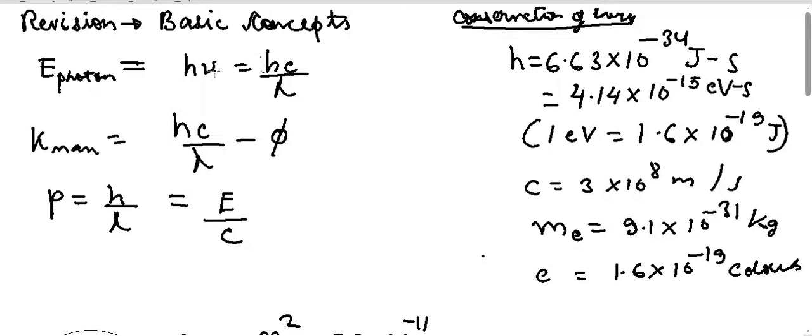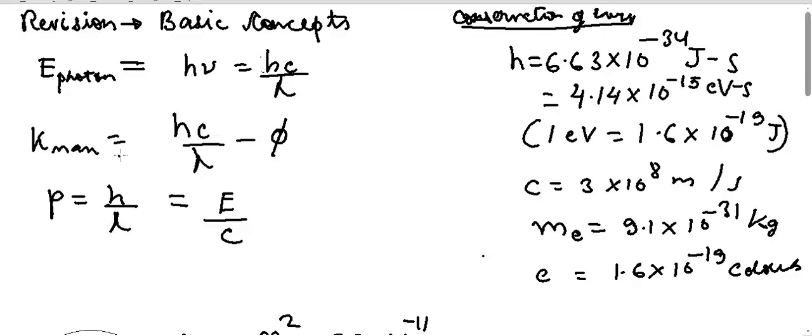From our basic understanding of waves which we covered in class 11th, mu can be written as the velocity divided by the wavelength of the light. So this is one basic formula: the energy of a photon, or any radiation, is equal to h mu.